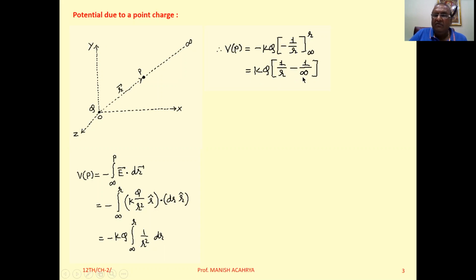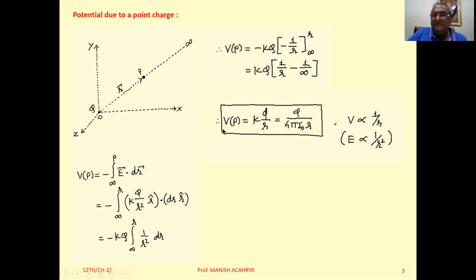But 1 upon infinity is equal to 0. So the electric potential at point P in the electric field of point charge capital Q is kq upon r, or we can write it as q upon 4 pi epsilon 0 r.